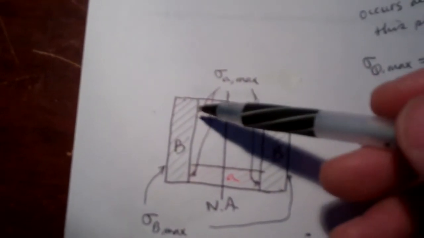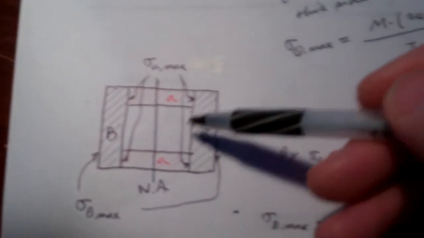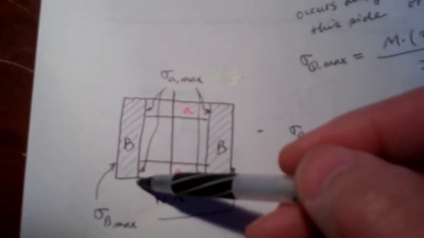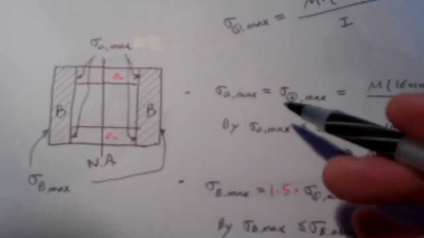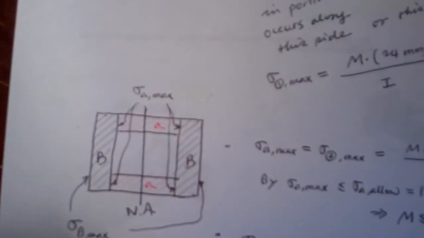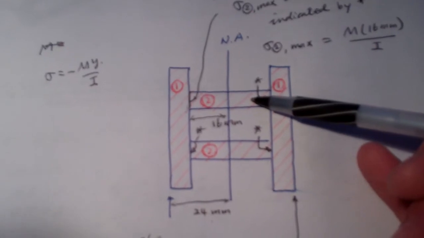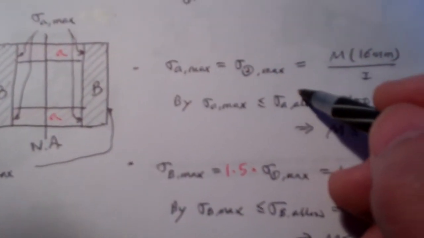In aluminum, it will occur here, here, or here. In the aluminum, the stress is directly the same as the transformed, so we directly put it into this formula.